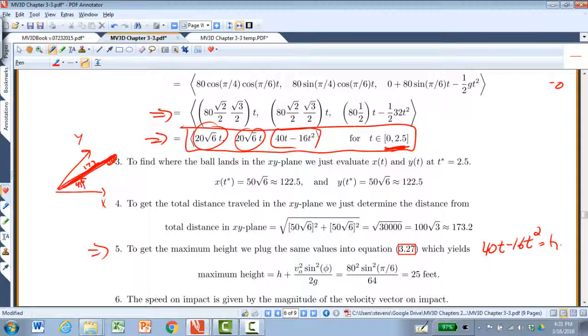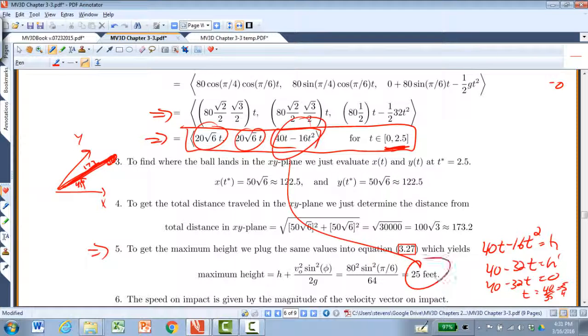If I take the derivative, that's 40 minus 32t, and that's h prime. If I set that equal to 0, 40 minus 32t equals 0, I get t equals 40 over 32, which is 1.25, or 5 over 4. And when you plug that into the height function, you'll get 25 feet.